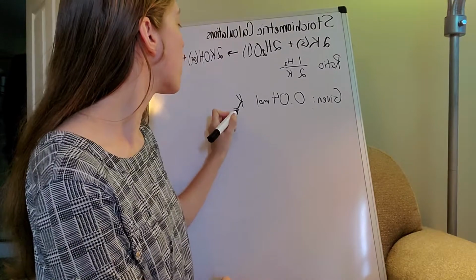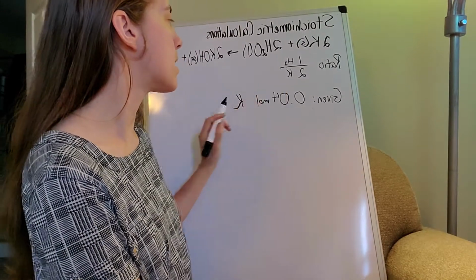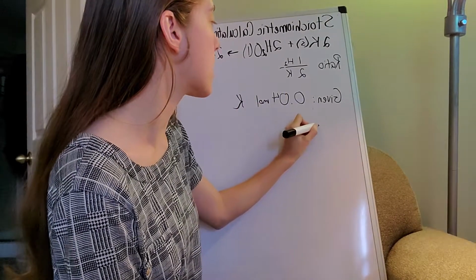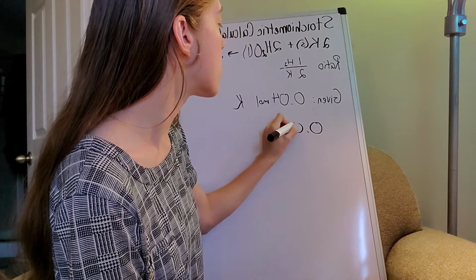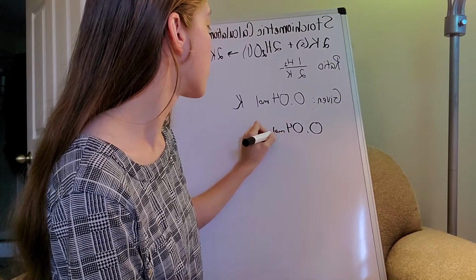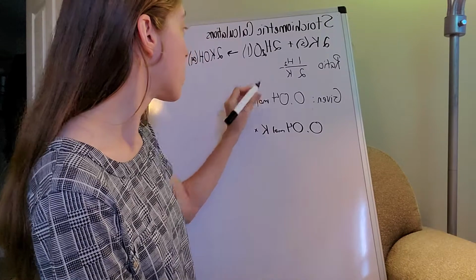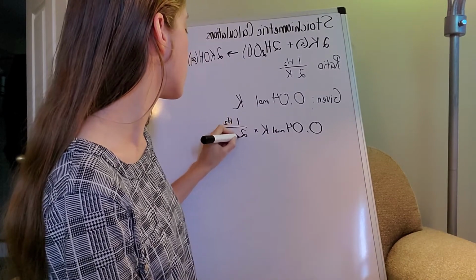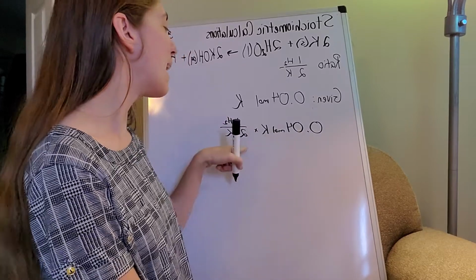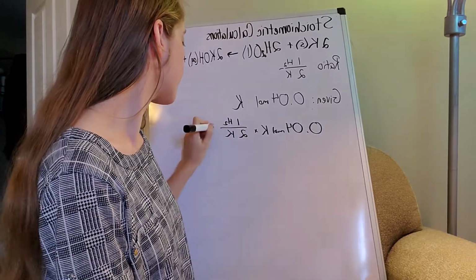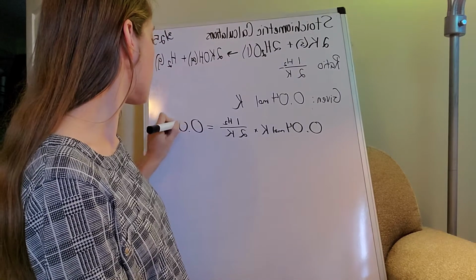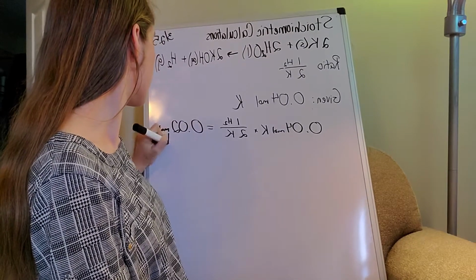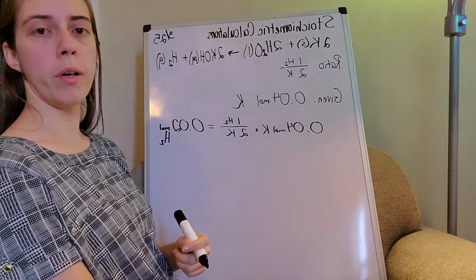We are given potassium, which means potassium needs to be on the bottom of the conversion factor to cancel out. So we have 0.04 moles of potassium times our conversion factor, 1 mole of hydrogen gas for every 2 moles of potassium. Essentially, we're dividing by 2. And so that's going to equal 0.02 moles of hydrogen gas.